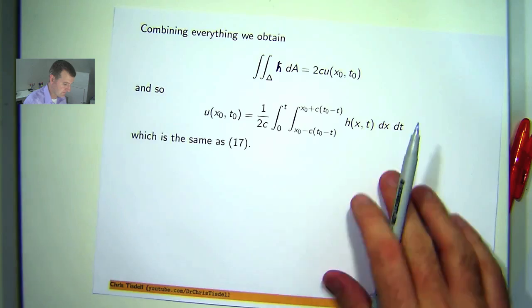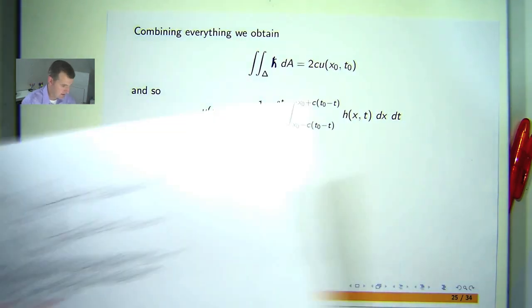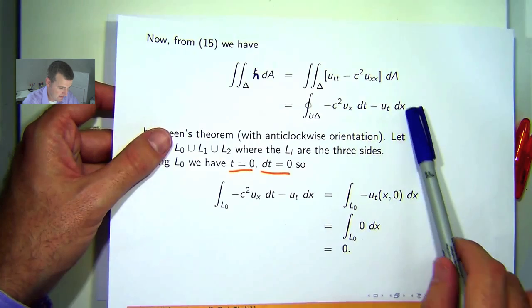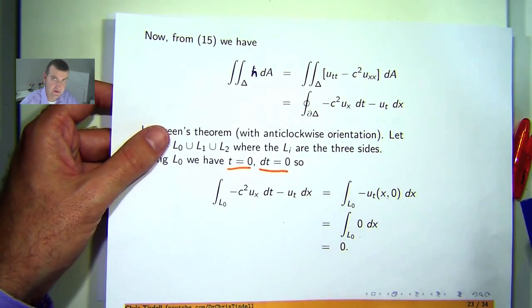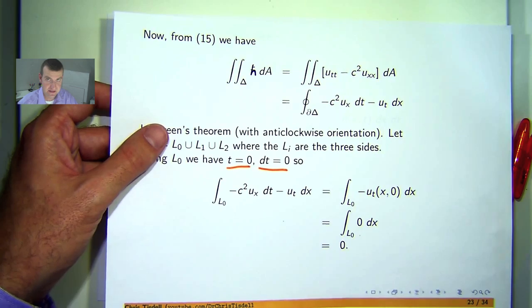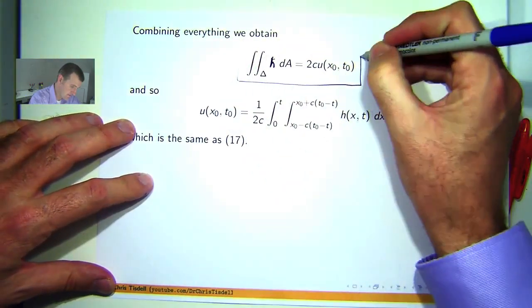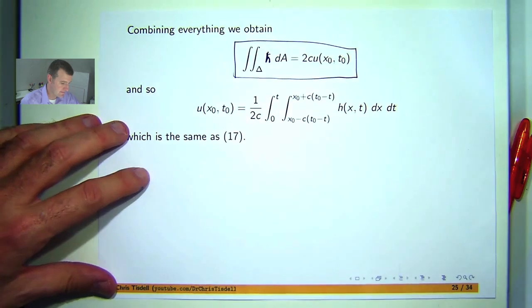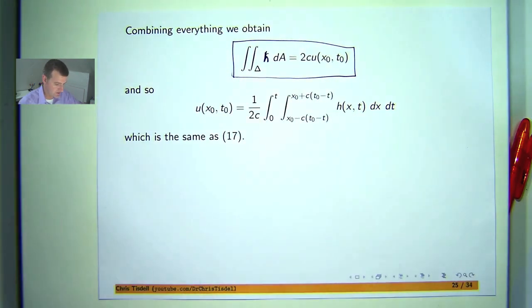So if I take my double integral, and add my three segments together for this line integral, 0 plus c times u plus c times u, then I get this. If I just divide out the 2c, I get the following.